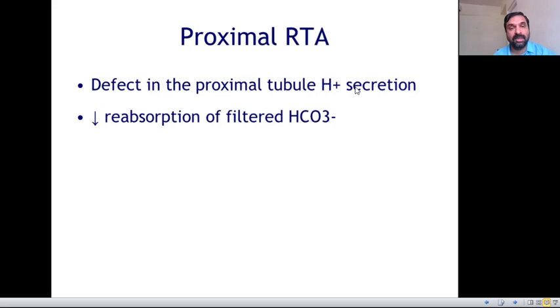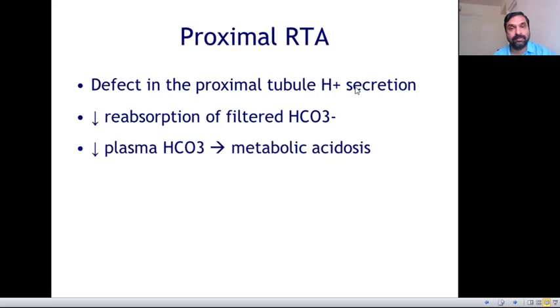As a result, less acidification in renal tubule. Excess acid will be there in our blood. So this decreases plasma bicarbonate, because the filtered bicarbonate is not reabsorbed.